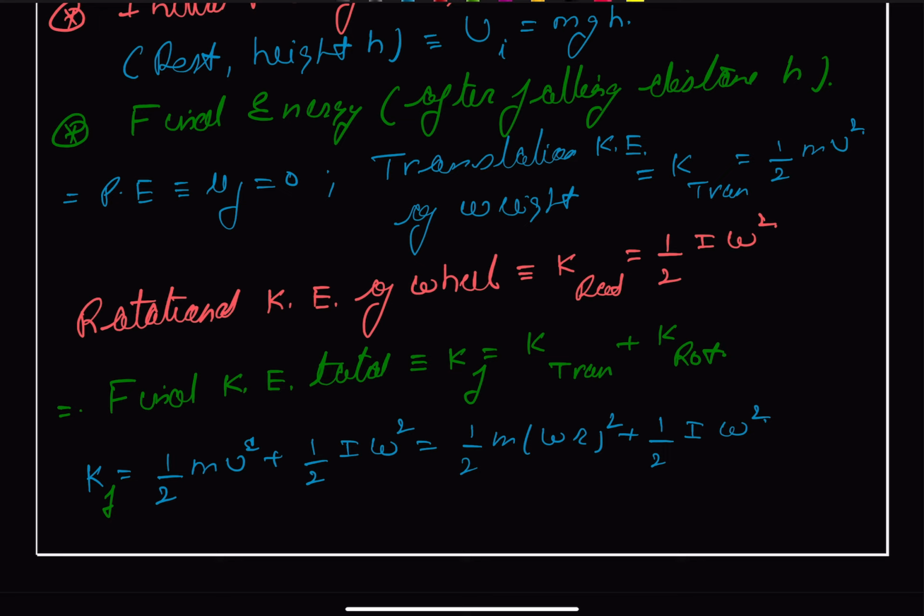So we have written specifically that the rotational kinetic energy is with respect to the wheel, and the translational kinetic energy is with respect to the weight.